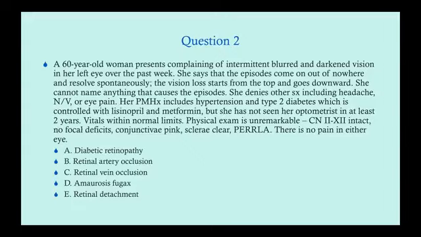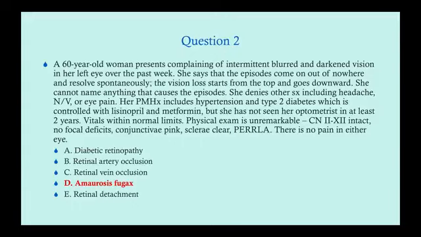All right, so our answer here is amaurosis fugax. Now, amaurosis fugax is one of those things that it's not really a diagnosis, but more of a symptom, but it's one of those symptoms that's just so prominent that it's kind of a diagnosis. So I hate to say that this is the diagnosis in this patient.